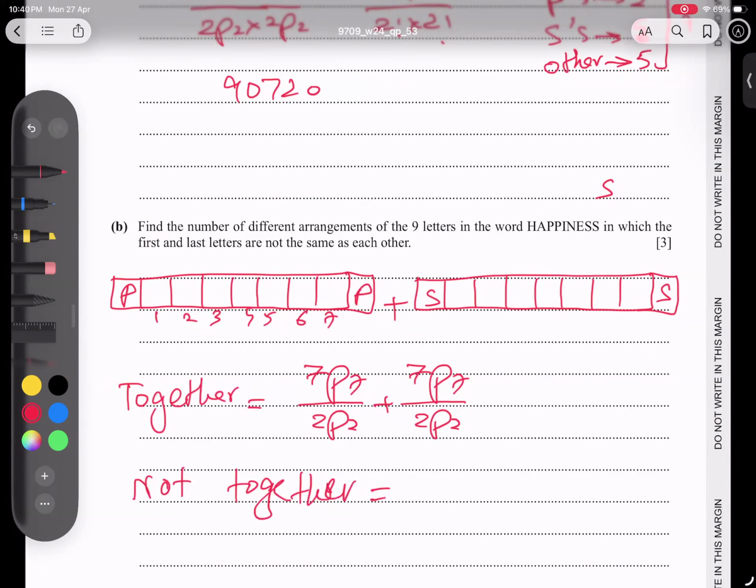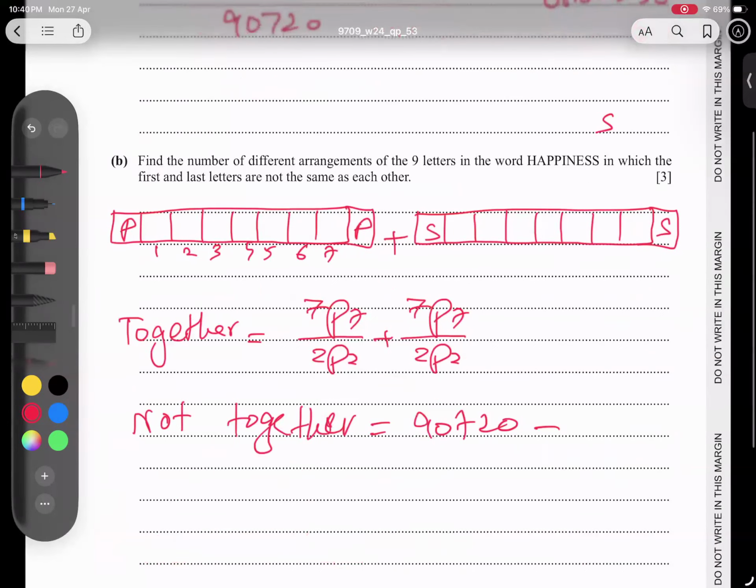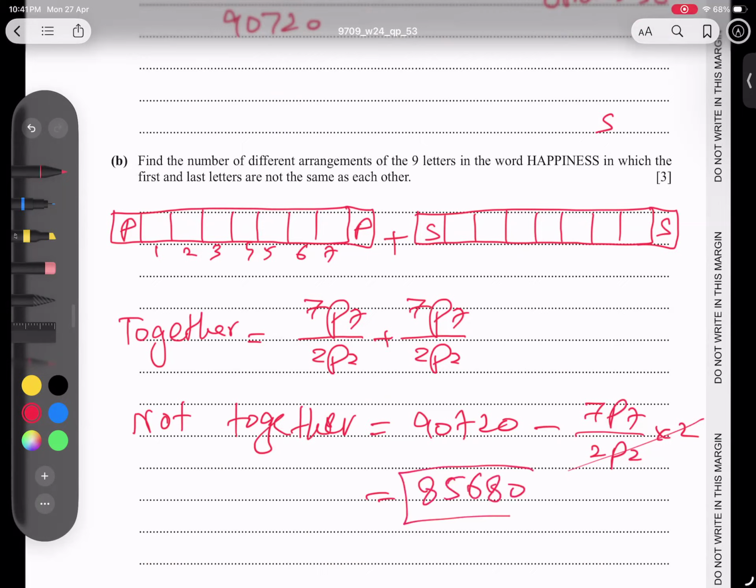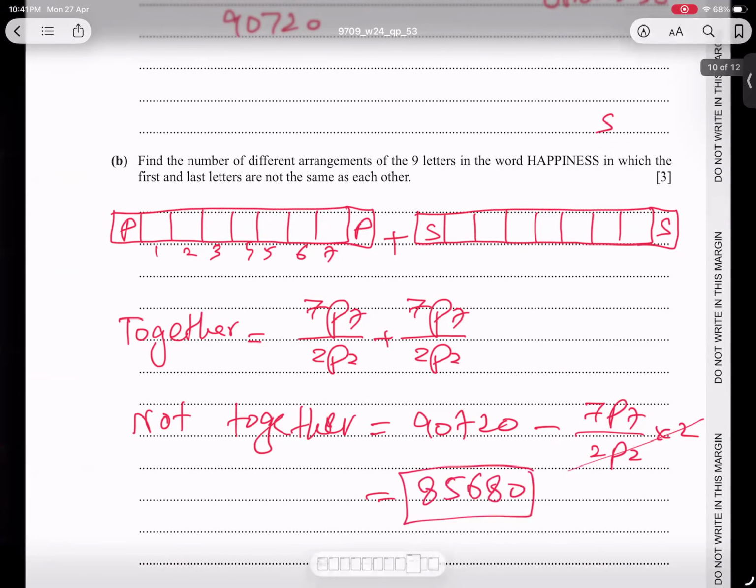So from 90720, subtract this full answer. We can write this into 2 also, no problem. I'm saving my time: 7P7 into 2 by 2P2 into 2, and they cancel out. If we check it, the answer is 90720 minus 7P7, which is 85680. So this is done, students. Let's go for the next part.